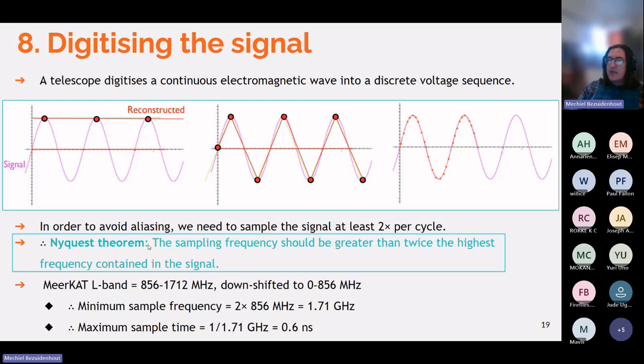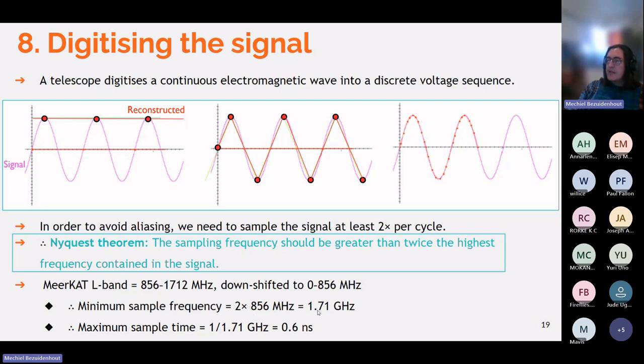So to give you some idea of numbers, the MeerKAT L band observes from 856 to 1712 megahertz, and we downshift that using the local oscillator down to 0 to 856 megahertz. And then the minimum sample frequency that we have to use is twice that.